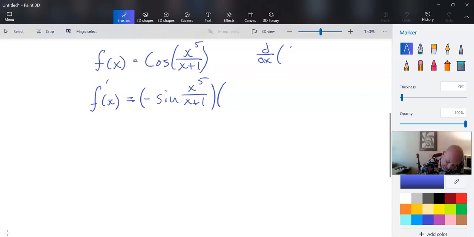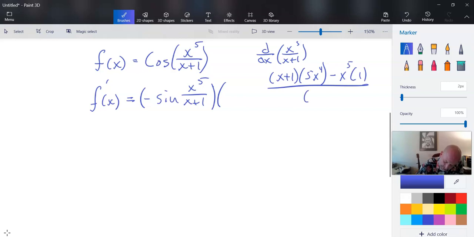So d dx of x to the fifth over x plus 1. Let's see, it's low d high, and the derivative of the top would be 5x to the fourth, minus high d low, which is just 1, over the square of what's below. Okay, so let's clean this up and see what we got.